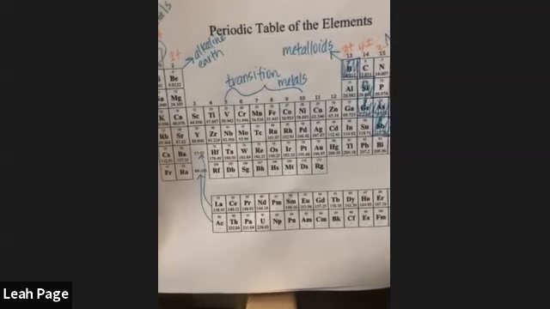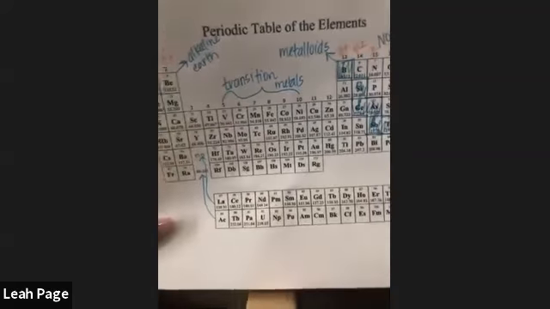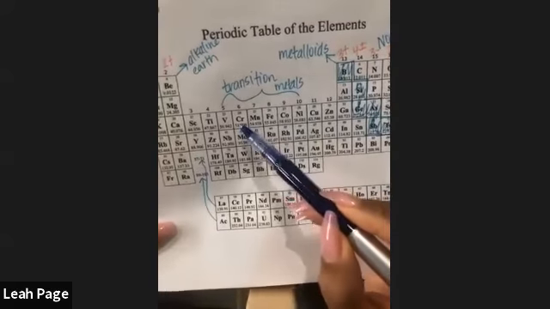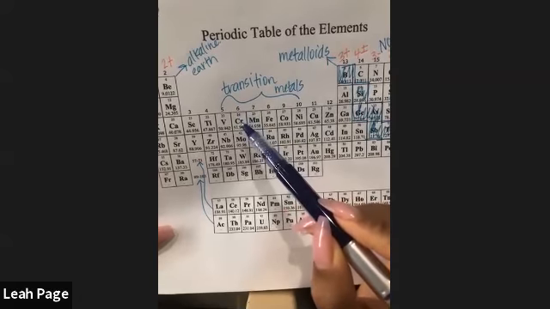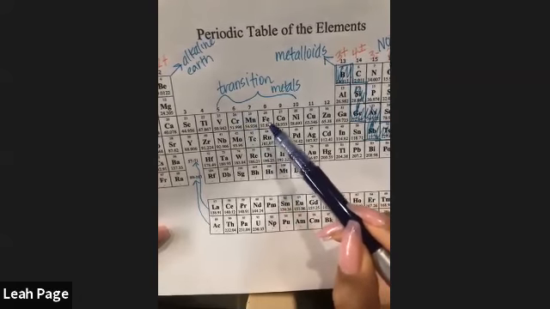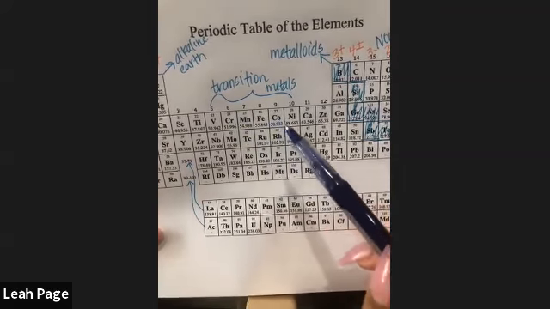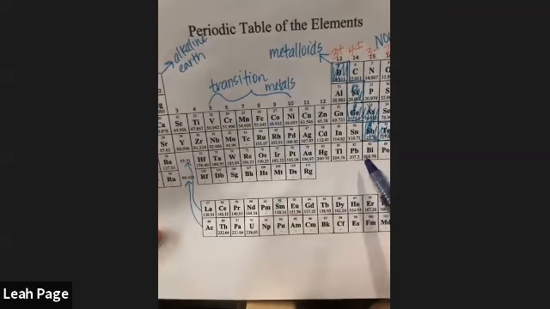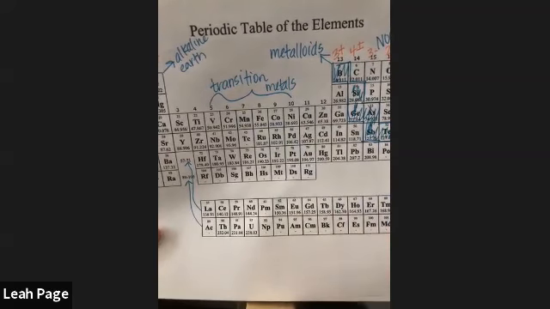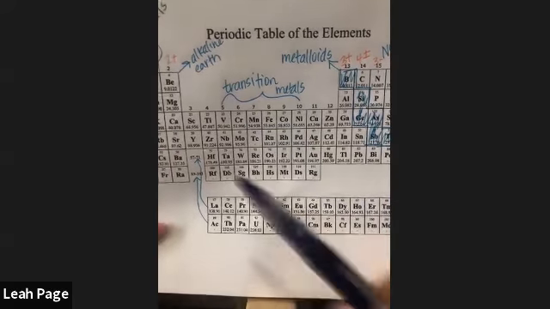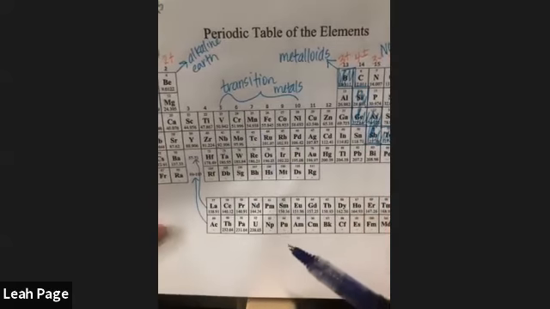And so I can't just assume that, for instance, chromium is gonna have the same ion each time, because I can have a chromium 2+ and I can have a chromium 3+. Same thing with iron. I can have an iron 2+ and an iron 3+. I can have a lead 2+ and lead 4+, tin 2+, tin 4+.